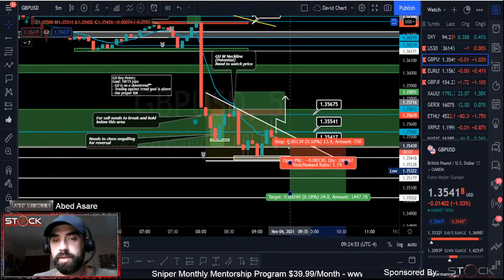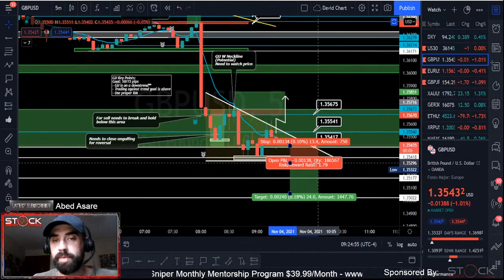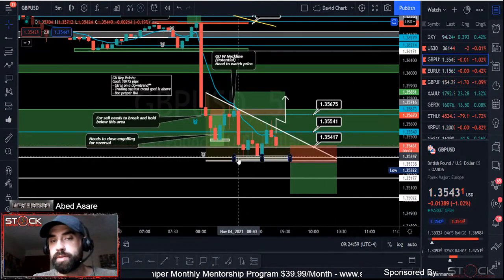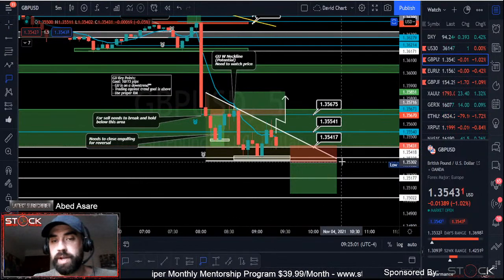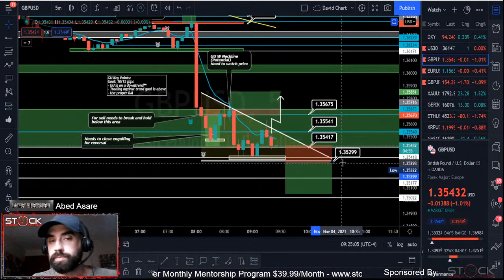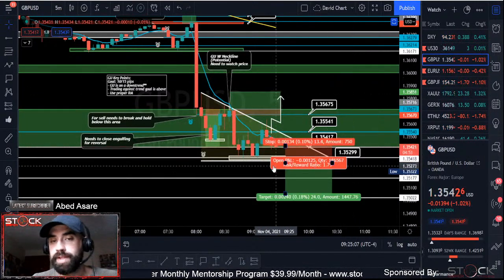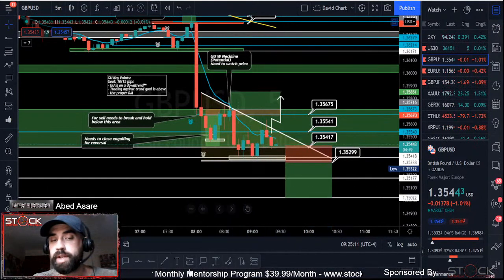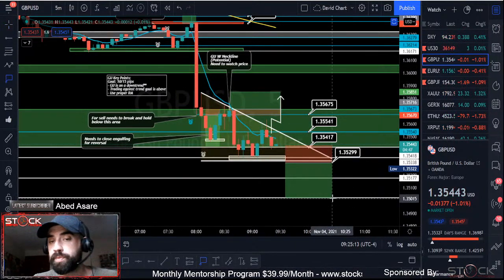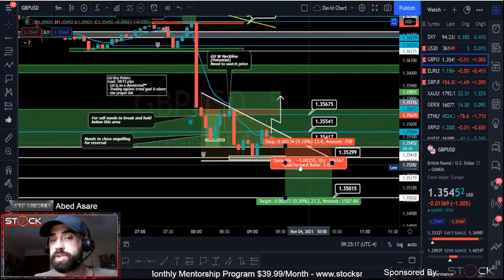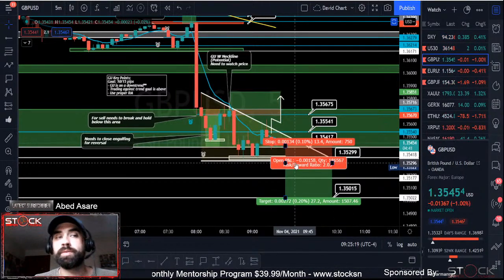Nice tight stop loss, maybe coming with an overall downtrend continuation. If it breaks below this wedge, down here, it's the only way. Don't start hammering in earlier. Just wait and see what's going to happen on GBP USD, all right?